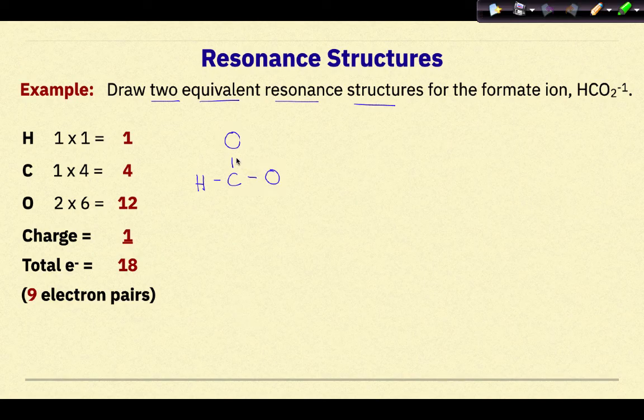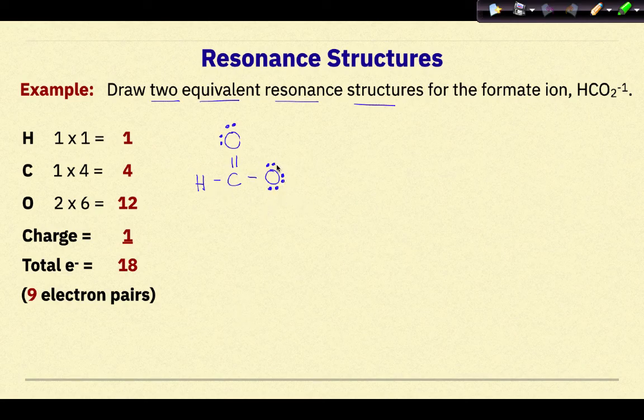So I'm going to add that double bond between my top oxygen and my carbon, and then I'm going to fill in the remaining non-bonding electron pairs. So 1, 2, 3, 4, and then I have 5, 6, 7, 8, 9.